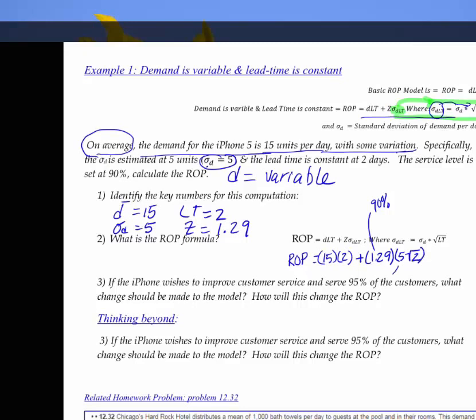And that's because this is our standard deviation of demand, and then this is our lead time. And in order to calculate the standard deviation of demand during lead time right here, we have to create this calculation.